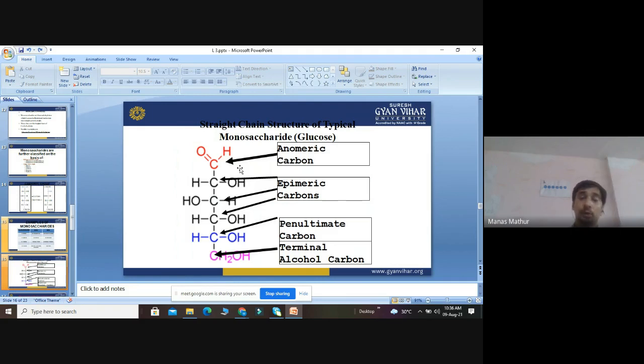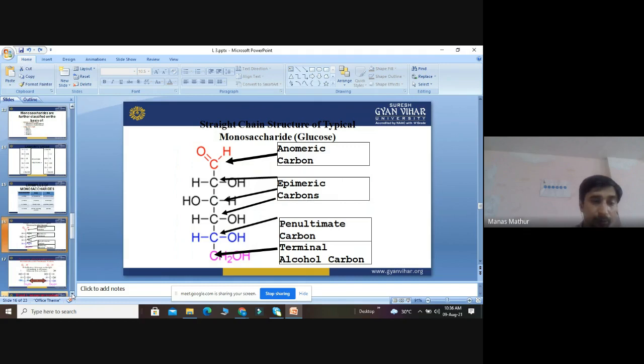So based on the position of the carbon we should call them. If I talk about carbon number 1, we call it anomeric carbon. If we talk about carbon number 4, we call it epimeric carbon. If we talk about carbon number 6, that is terminal carbon. If we talk about penultimate carbon, it is carbon number 5. These are the different names of the carbons.